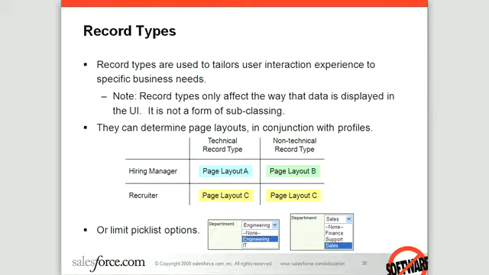If it's non-technical, then we want to use the green one. Okay? Otherwise, in the case of a recruiter, there's a third page layout that we want to utilize, and that, regardless of what record type it is, we want to use the record layout C. Okay? So the record type determines which page layout we display.